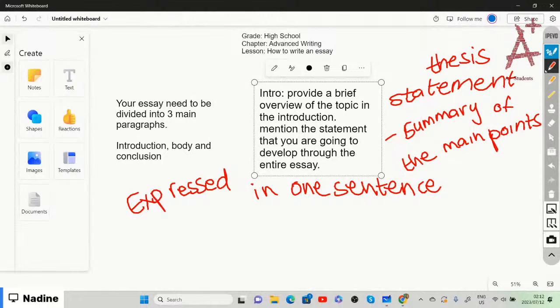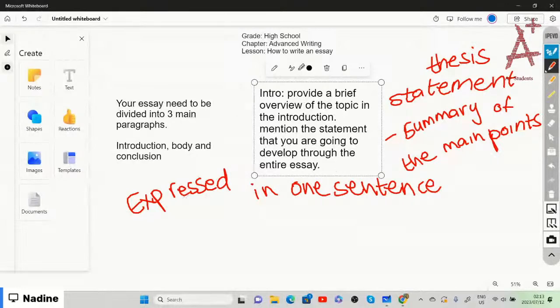So maybe you talk again about it within your body, where you are expanding on the thesis statement that you spoke about within the introduction.